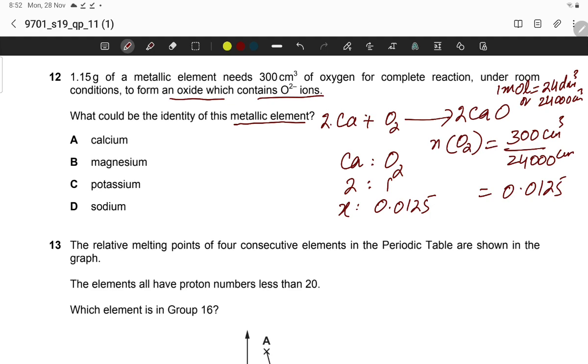The moles of 0.0125 into 2 is equal to 0.025.